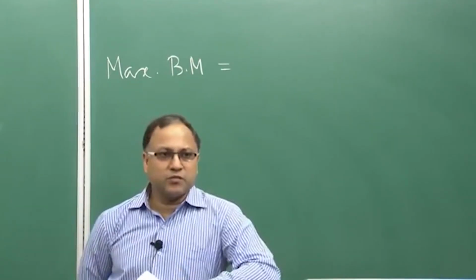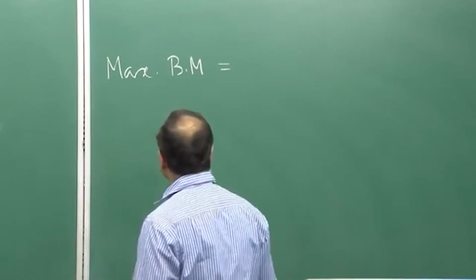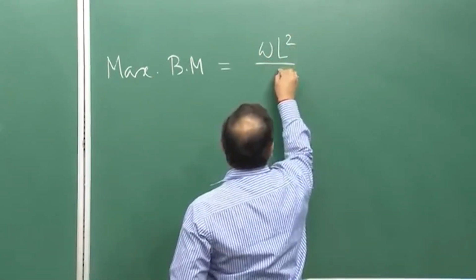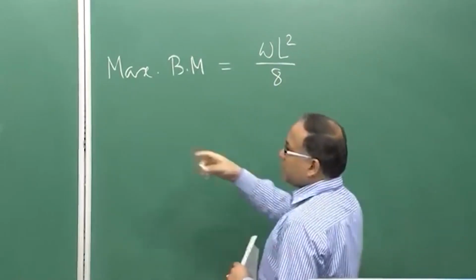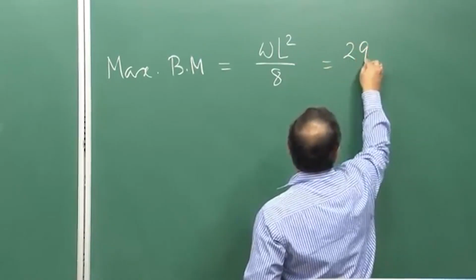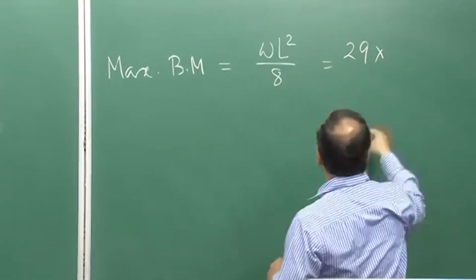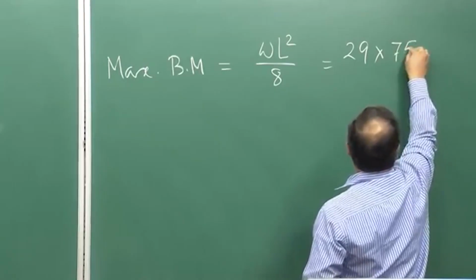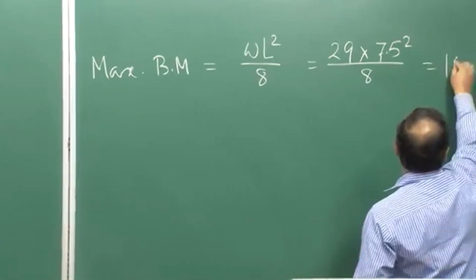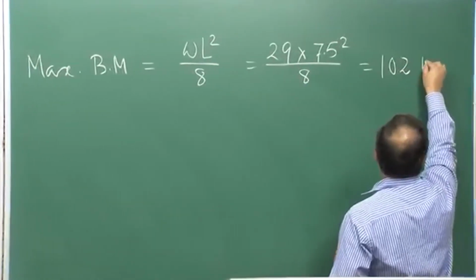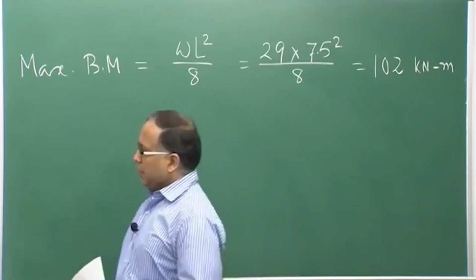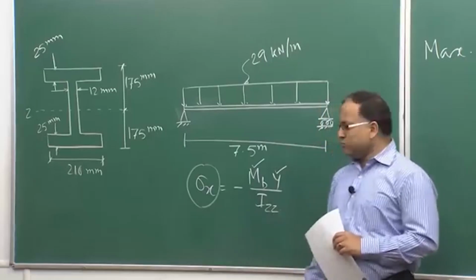The maximum bending moment for this kind of loading will be W L square by 8, where W is the uniformly distributed load, 29 kilonewton per meter. So, I can simply write 29 into 7.5 square by 8. That comes as 102 kilonewton meter. So, that is the maximum bending moment.